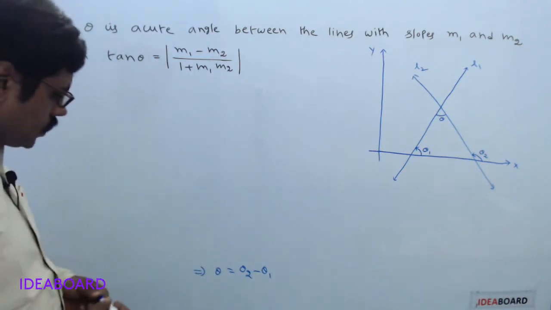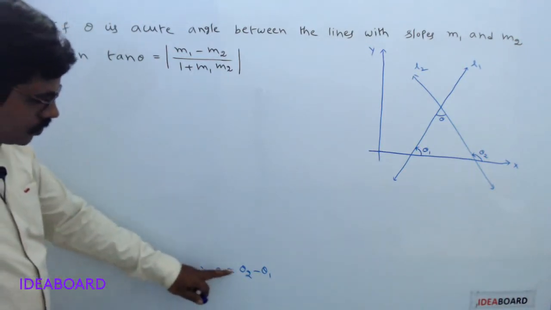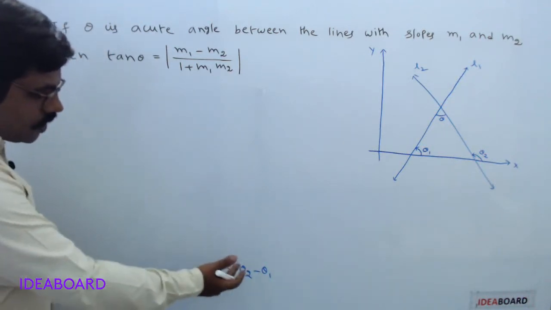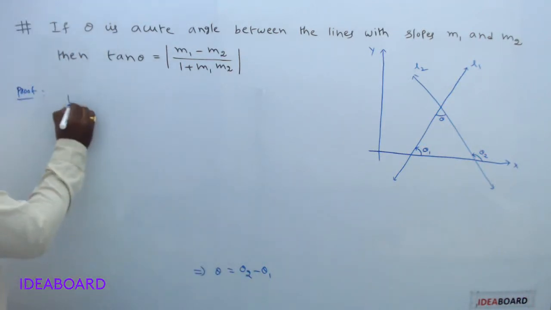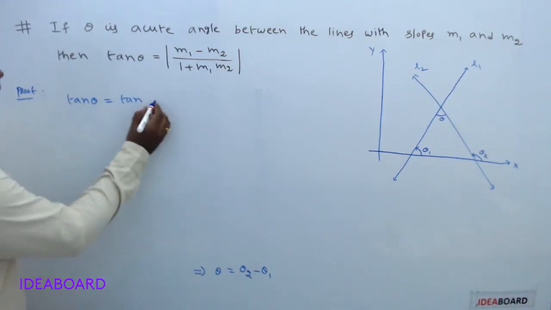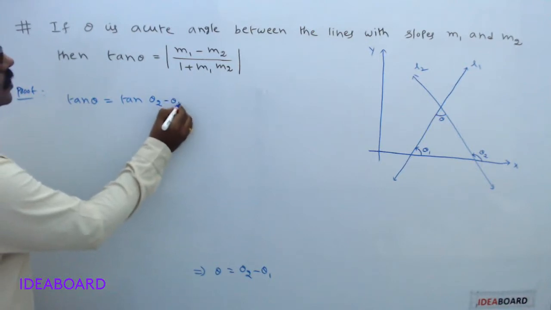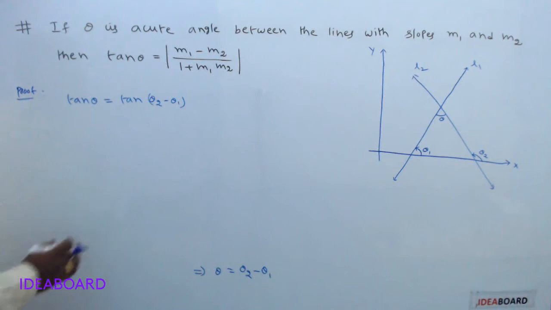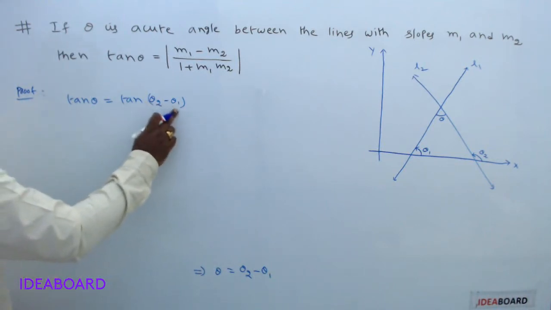Now see the continuation. Theta equals theta 2 minus theta 1. Now apply the tan function on both sides. So tan theta equals tan of theta 2 minus theta 1. This expression is of the form tan of a minus b.